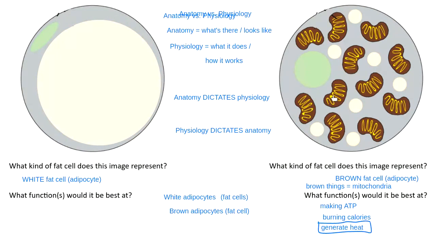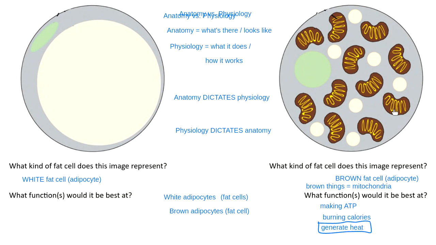So if I know that this cell makes a lot of heat, and I know that it's filled with mitochondria, mitochondria must make heat when they're doing their job too, because something inside this cell makes it warm me up, and what I have inside this cell is the mitochondria.